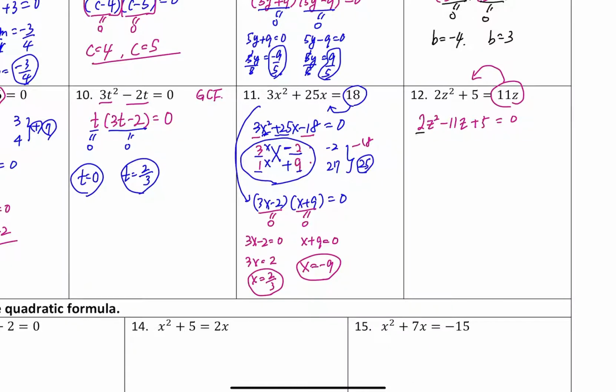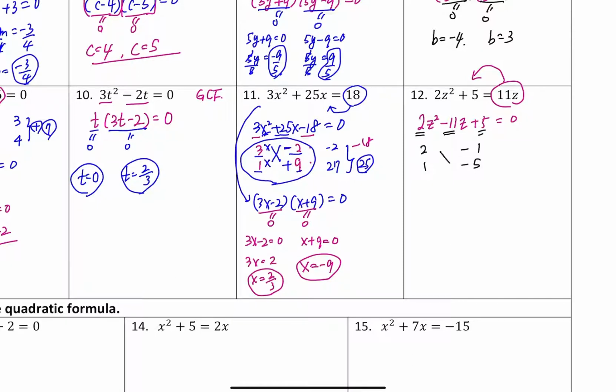Yeah, because leading coefficient is not 1, we should use 2 factors of leading coefficient. 2 and 1. And then 2 factors of constant. 1 and 5. But because the middle coefficient is negative, let's use 2 negative factors of constant. Negative 5 times negative 1 is also positive 5.